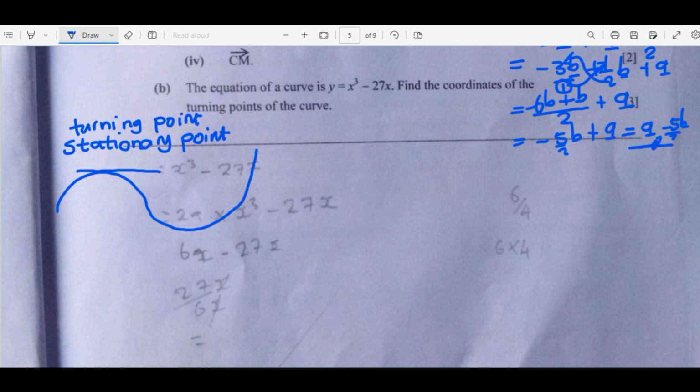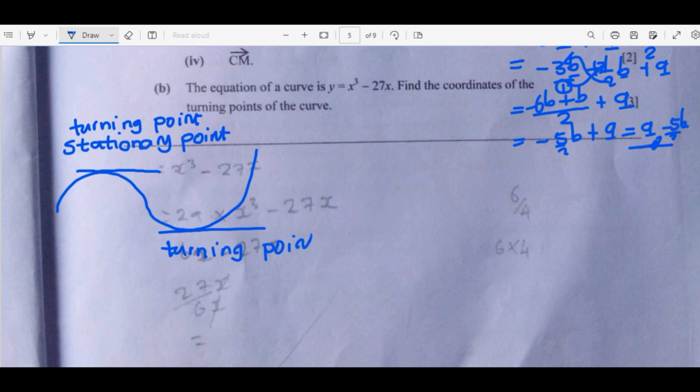So we have 2 stationary points for a graph like this one, but I'm not saying a cubic function always has 2 stationary points. A cubic function may even have 1 stationary point, or maybe neither. So this is also another turning point.